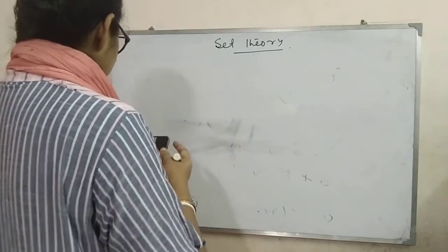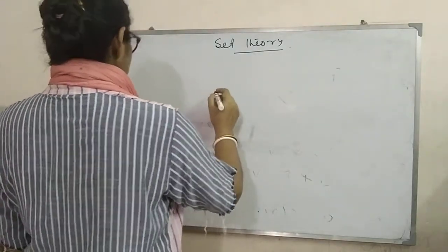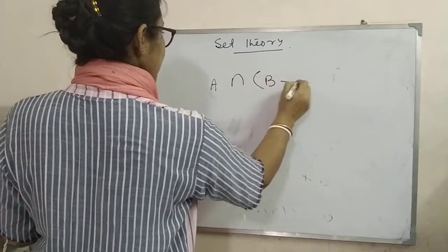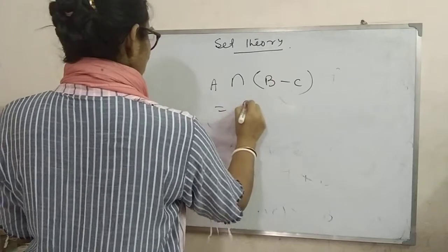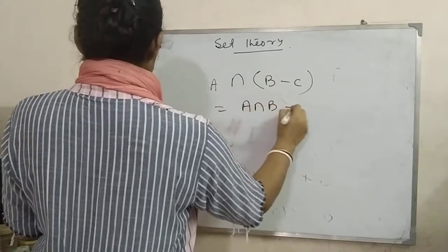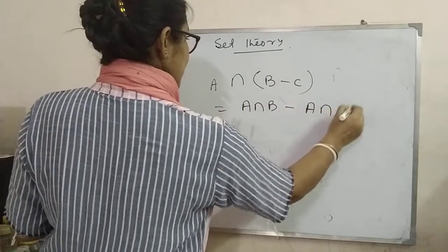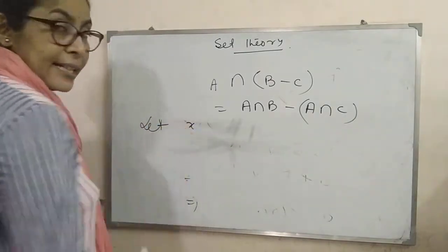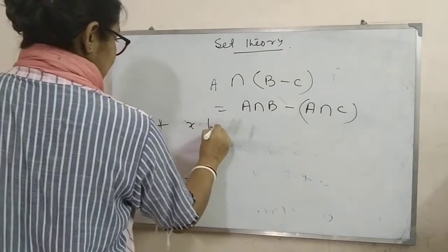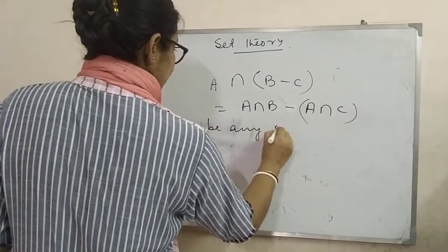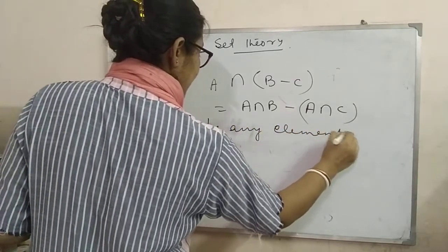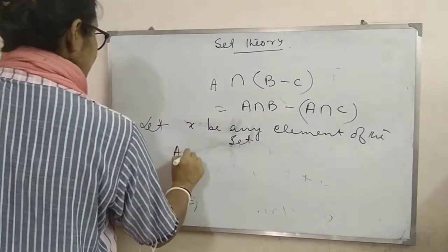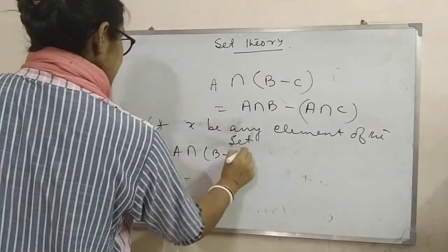Here I will explain the proof A intersection (B minus C) is equal to (A intersection B) minus (A intersection C). Let X be any element of the set A intersection (B minus C).